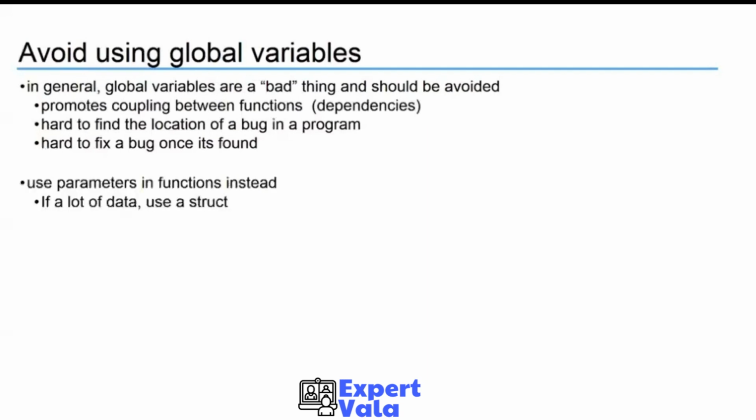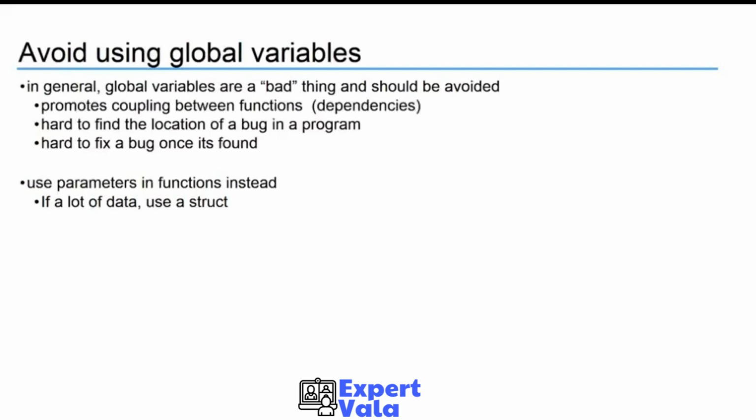Instead of using global data, pass data to functions. If a function needs access to some data, pass it to it. If it's a lot of data and you don't want to have a lot of parameters, in theory, you should never really have more than 5 parameters. There's a great book called Clean Code that talks about the quality of code and things to avoid like global variables.